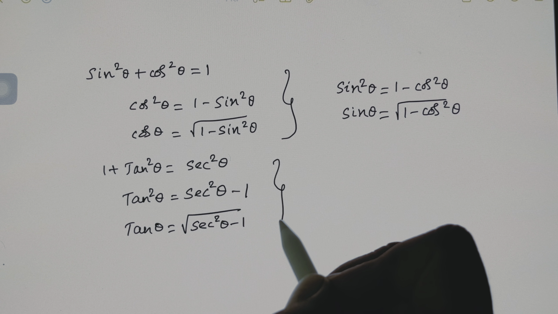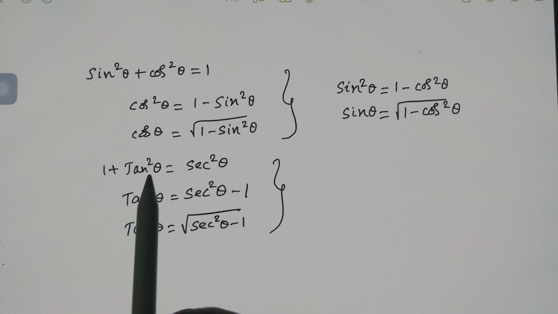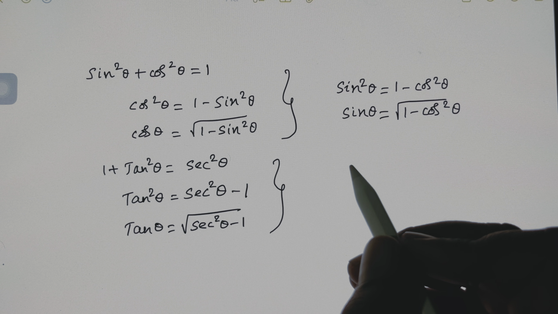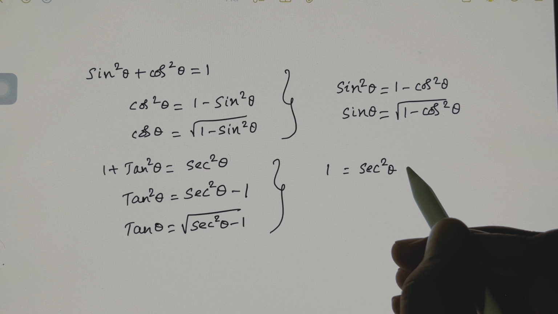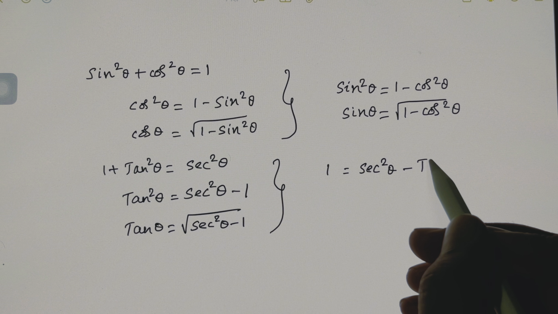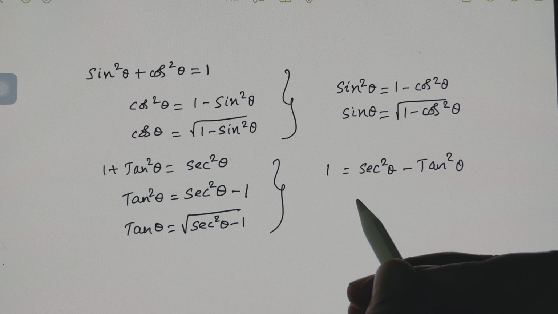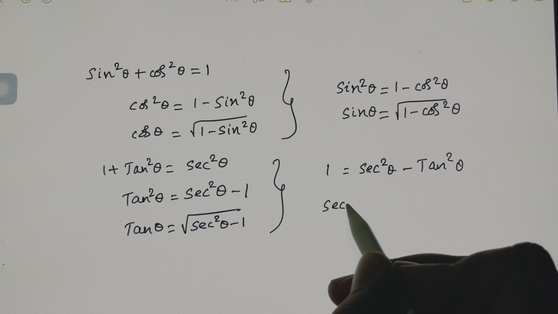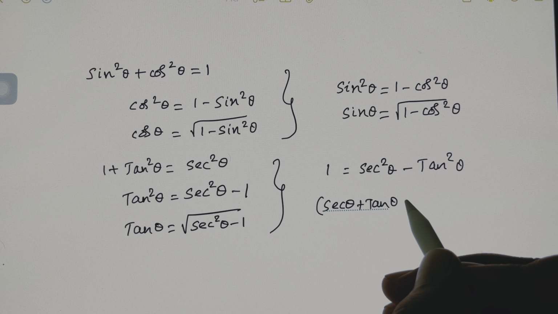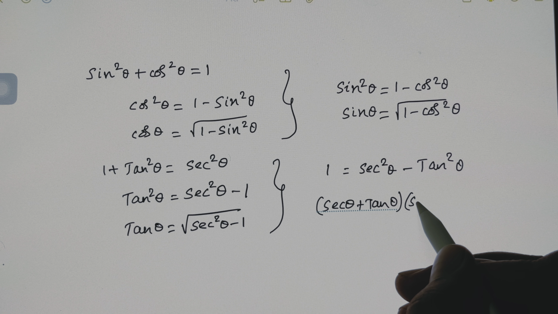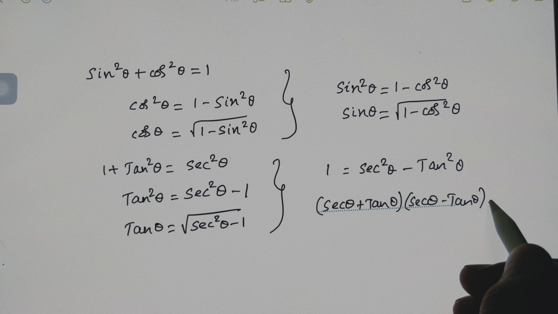Now shift tan square theta to the right side. So 1 is equal to secant square theta minus tan square theta. So this is one identity. Also you can write secant theta plus tan theta into secant theta minus tan theta equals 1.